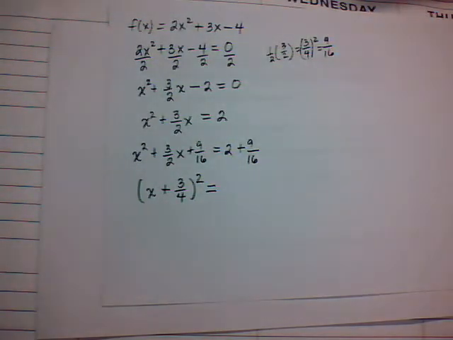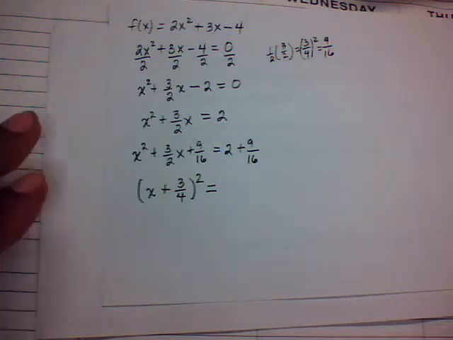You got 2 plus 9 over 16. Now with your calculator you can do 2 plus 9 divided by 16 and then change it to a fraction, and it'll be 41 over 16.